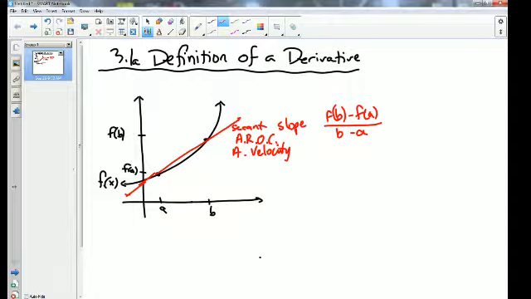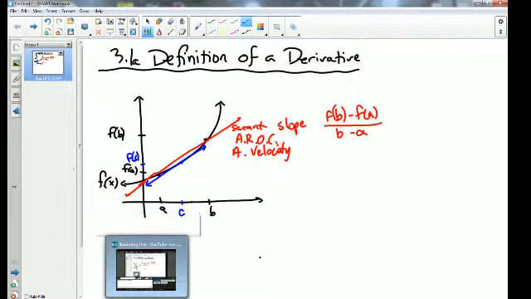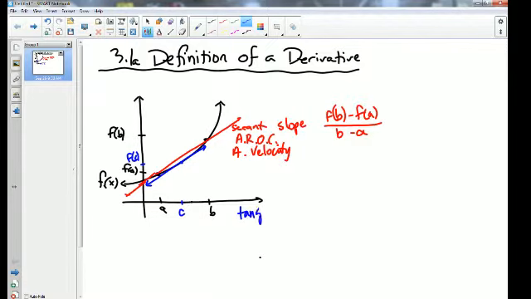This right here is one of the bases of derivatives. This is average rate of change. What do we call it if we had the slope of a tangent line? It's instantaneous rate of change, or instantaneous velocity if you're contextual.